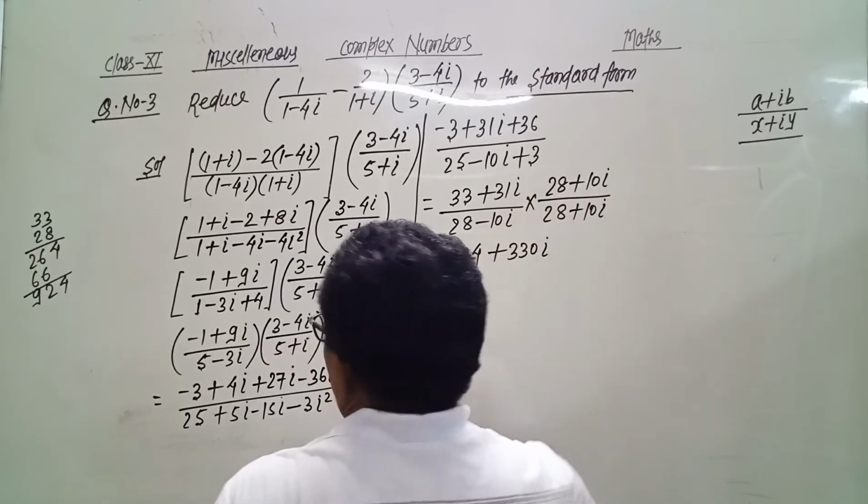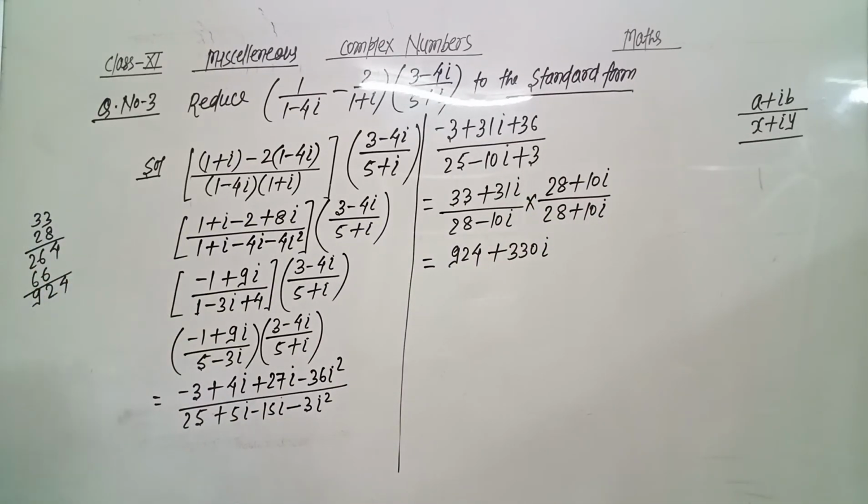Plus 31 into 28. So 31 multiplied by 28, we get 868.